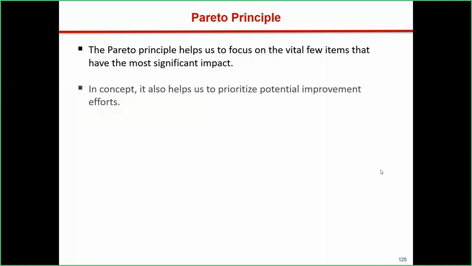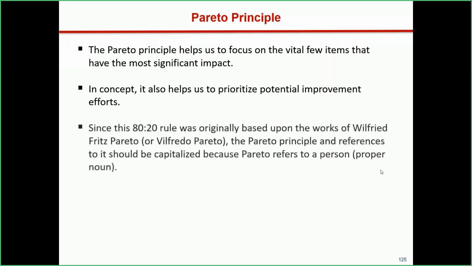In concept, it also helps us to prioritize potential improvement efforts. Since this 80-20 rule was originally based upon the work of Vilfredo Pareto, the Pareto principle and references to it should be capitalized because Pareto refers to a person, a proper noun.